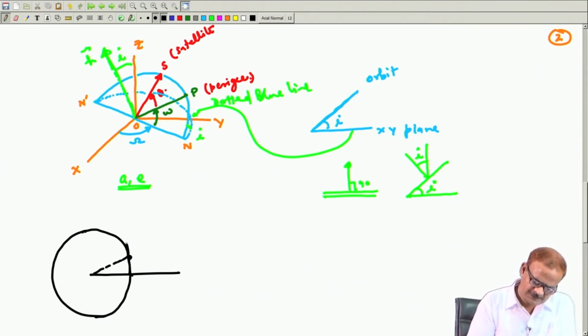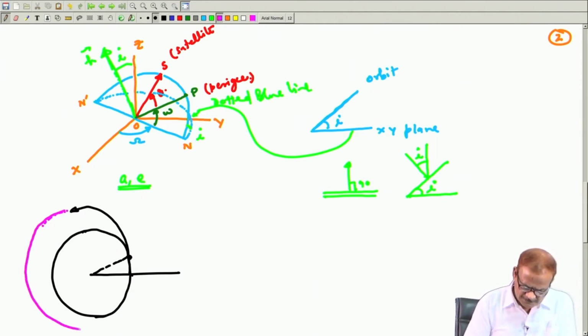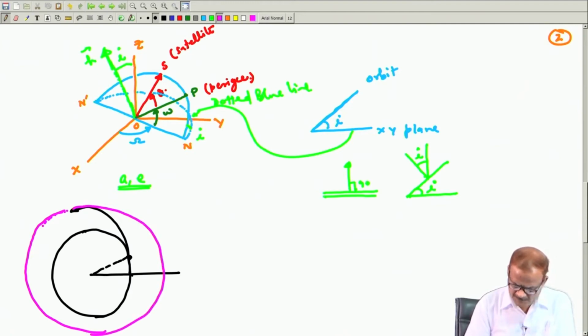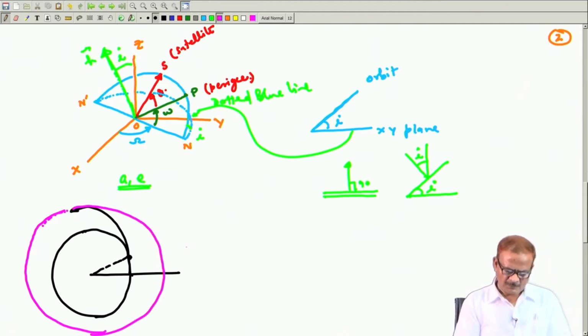From this place the satellite is injected into the orbit, and once it is injected, this orbit will look like this. It will go around the earth, and once it is launched, this constitutes one elliptical orbit.